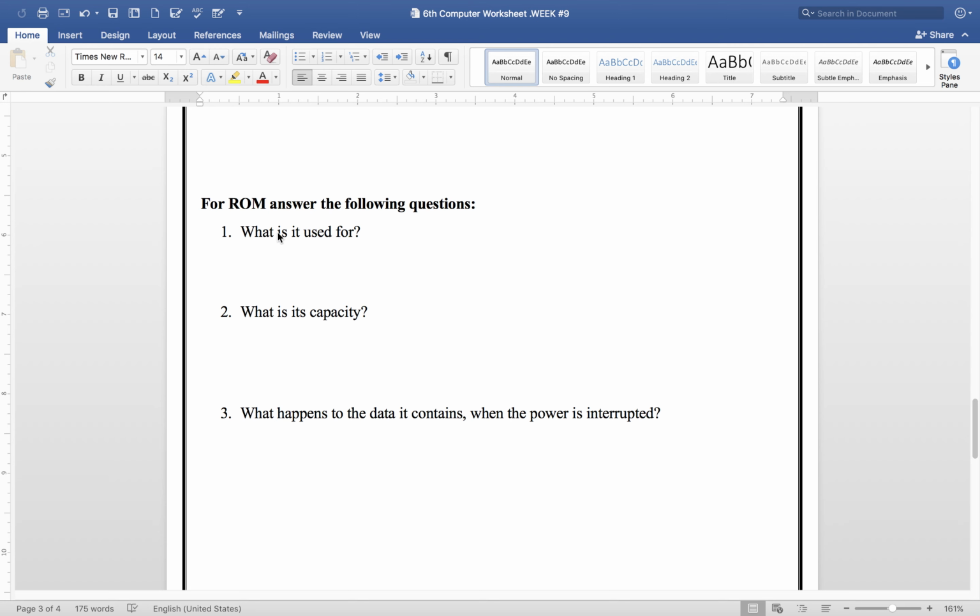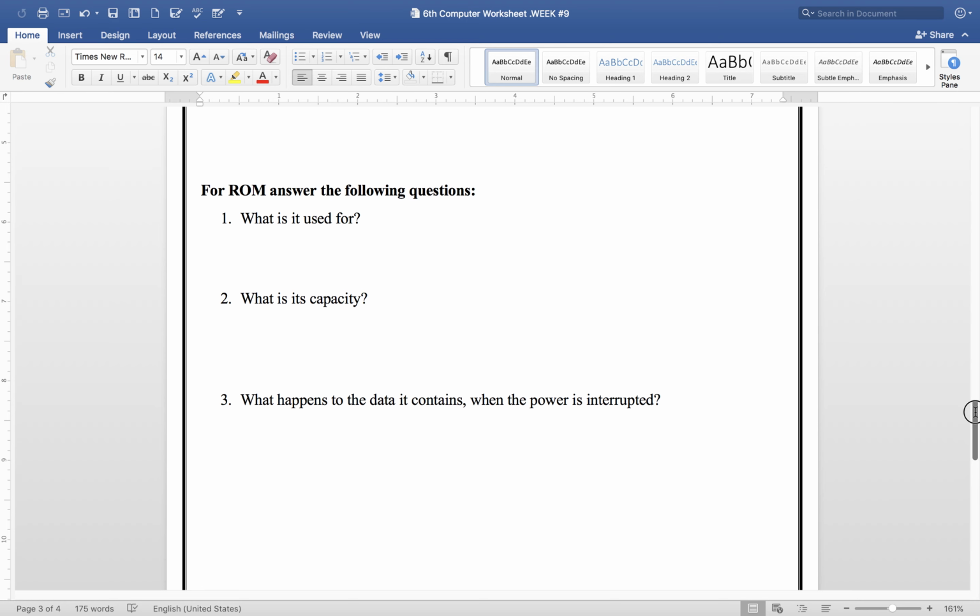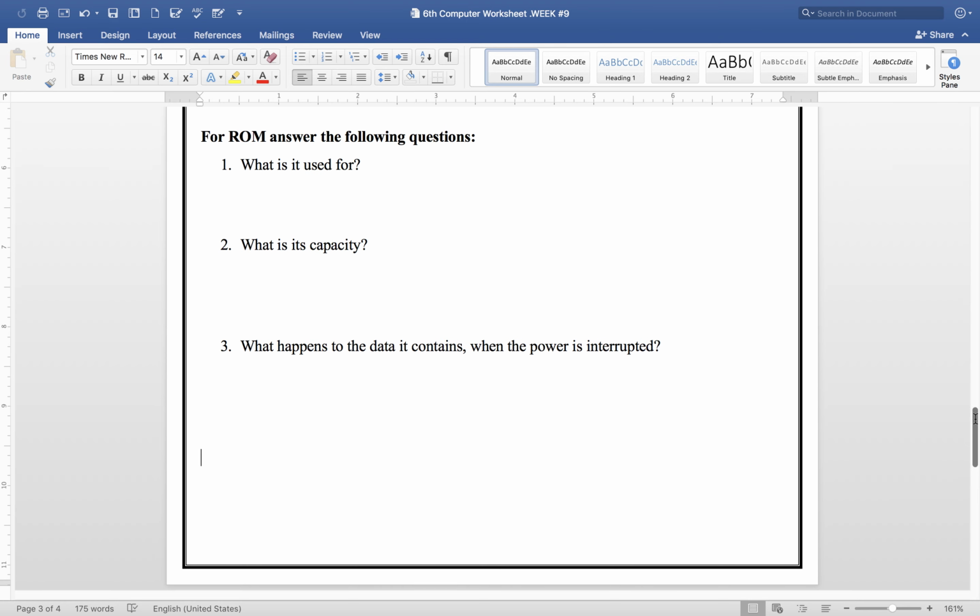The data stored in the ROM memory is stored at the time of manufacturing and you cannot bring any changes later on. It will remain forever. If there was any problem at the time of manufacturing, it will remain the same as it was, and you cannot upgrade the size.